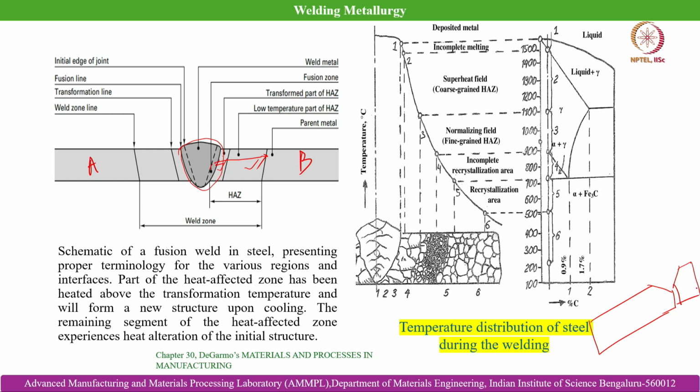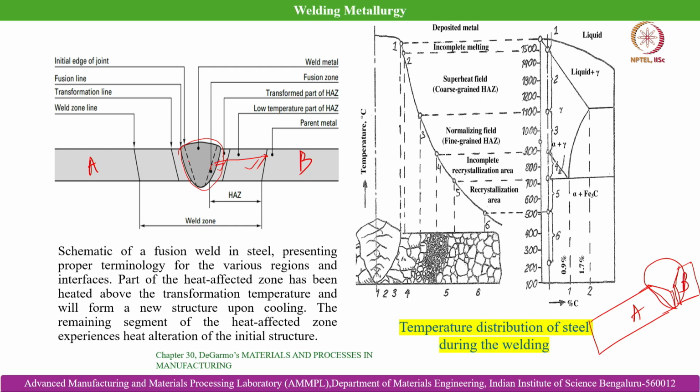So, these dotted lines show the edges which are prepared initially for developing the joint between the parent workpieces A and B. But during exposure to fusion welding, whether it is autogenous, homogeneous or heterogeneous, whatever it may be, because of the heat generated for weld pool creation in the joint, this zone extends deep into the workpiece beyond the region where the edge is initially prepared. That is why this is marked as the initial edge of the joint.